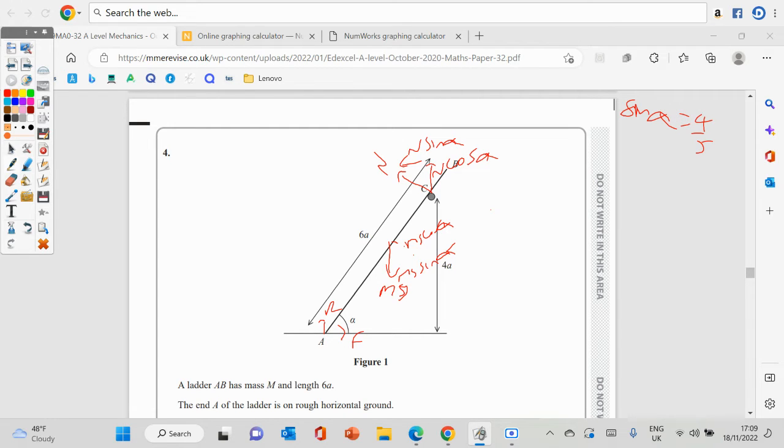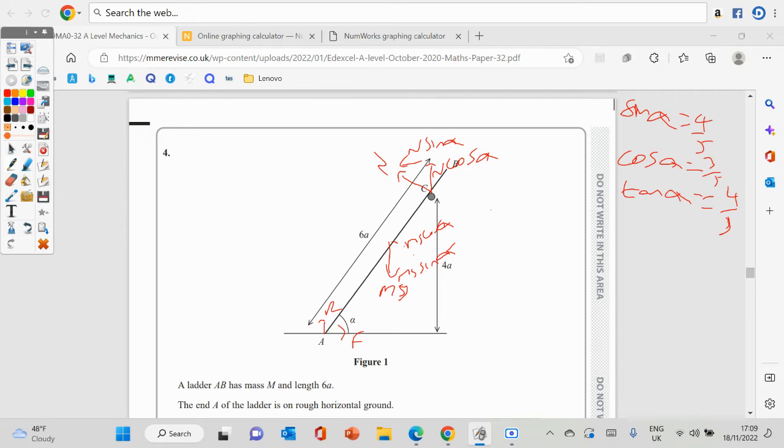So that means that cos alpha is 3/5, and tan alpha I can do sine divided by cos, and that will give us 4/3. The 5s cancel.